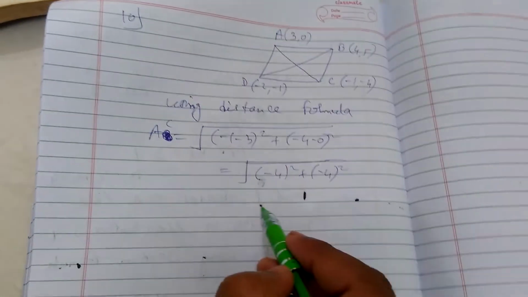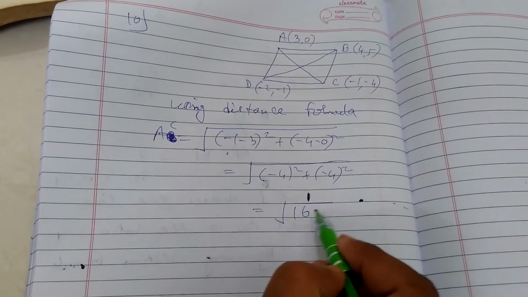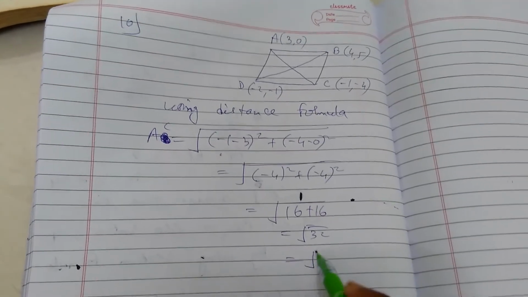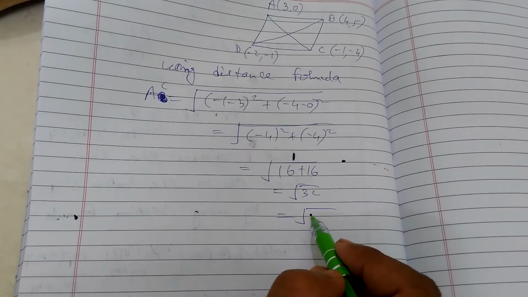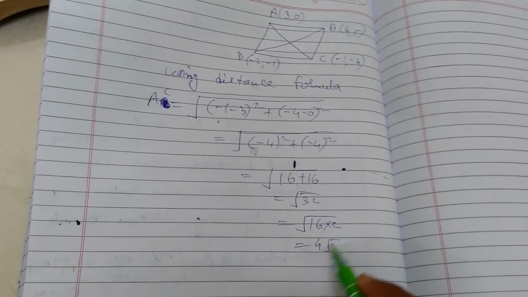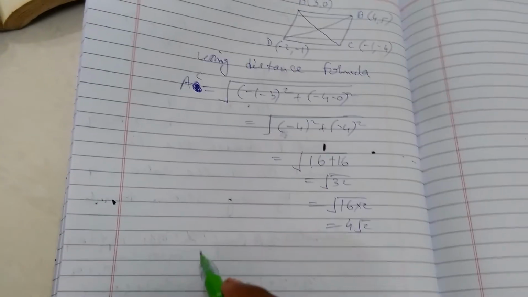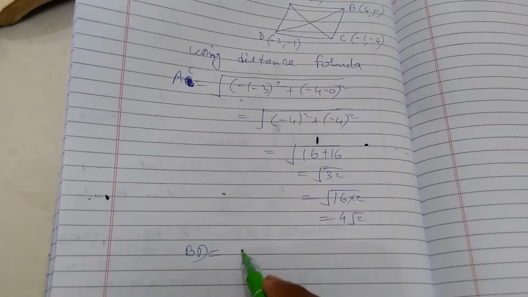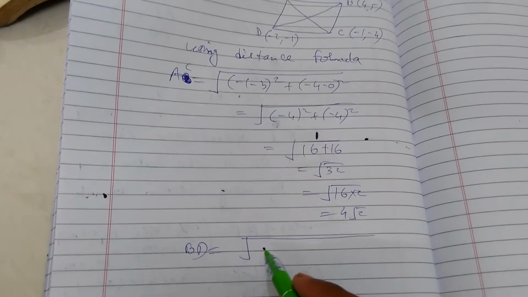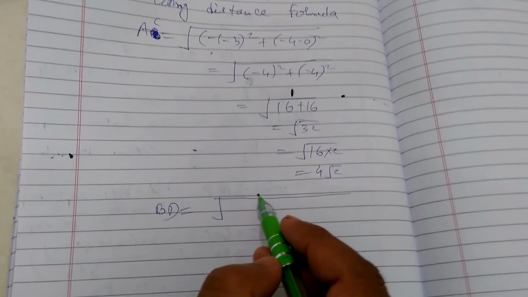Here -1 minus 3 means -4, whole square. That means 16 plus 16, which is 32, and 32 means 16 into 2, which is 4√2. So now the next diagonal is BD.